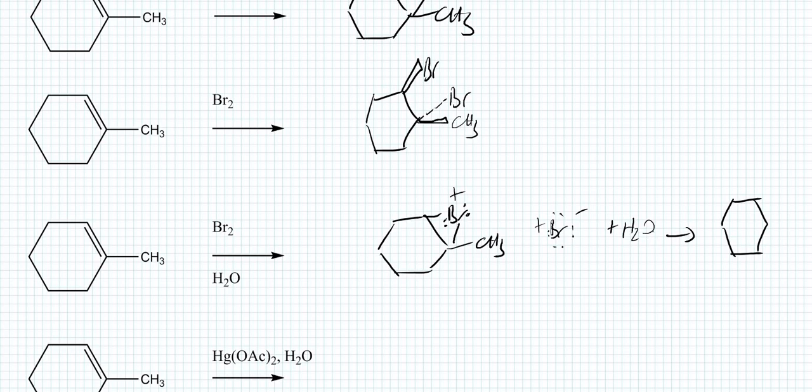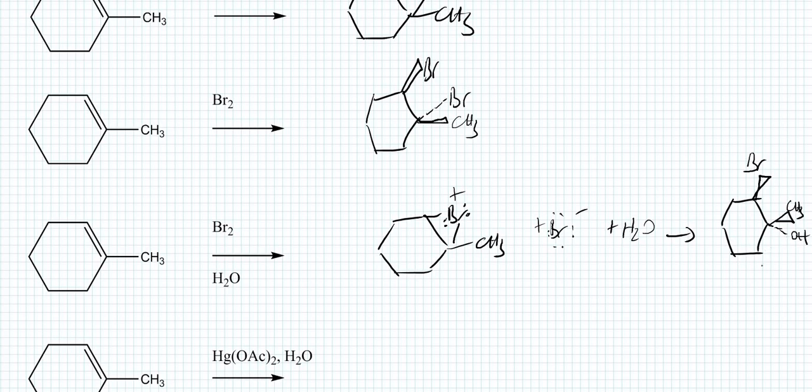So let's say Br is going to be wedge, and OH has to be dash because it has to be trans, and here we had a methyl, and this group has to be wedge because we chose OH to be dash. Okay, so this is going to be our major product.